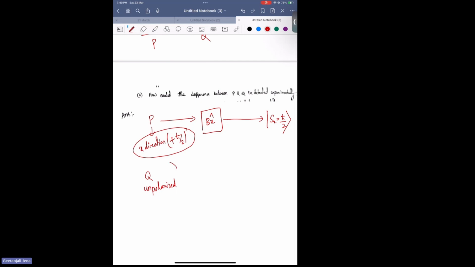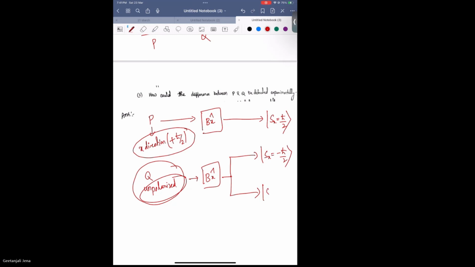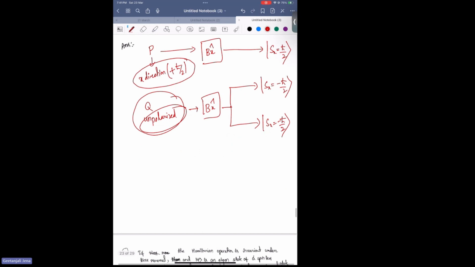But if you pass the unpolarized beam to the same apparatus with a magnetic field in the x direction, you will get two beams, because there is no specific orientation of atoms in Q. So you will get Sx equal to minus h cut by 2 and Sx equal to plus h cut by 2. So if you have two beams, now you can differentiate.